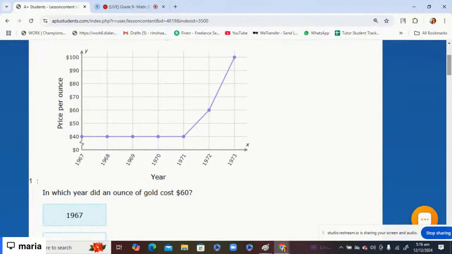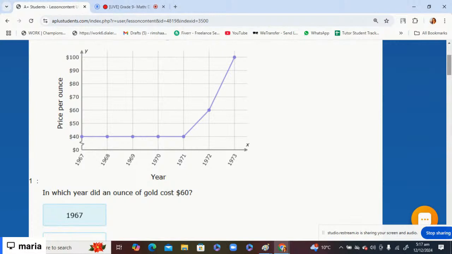In 1968, 69, 70, 71, it's the same amount. Now it increases in 1972 from 40 to 60, and then in 1973 it increases from 60 to 100.